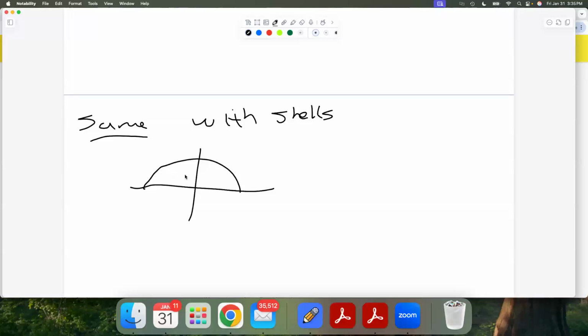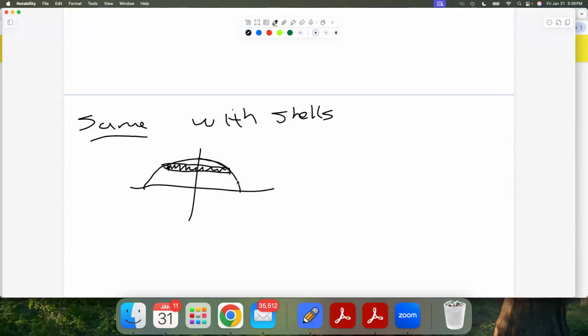I'm going to have to integrate. If I'm going to rotate this around, I want my shells to rotate in the same direction. I would be rotating something like this around, and the height of that shell would be this total distance.